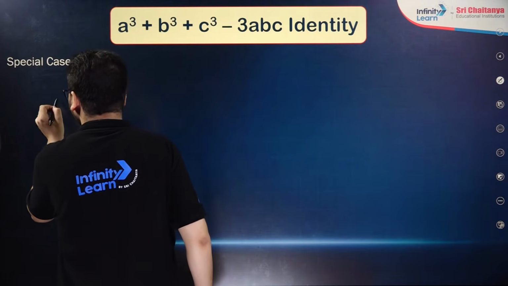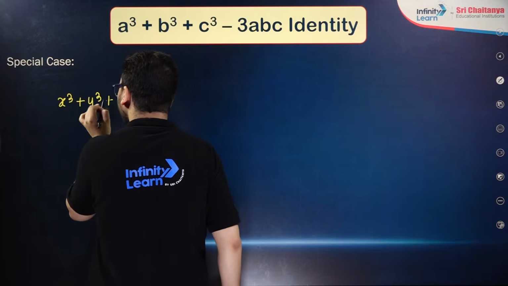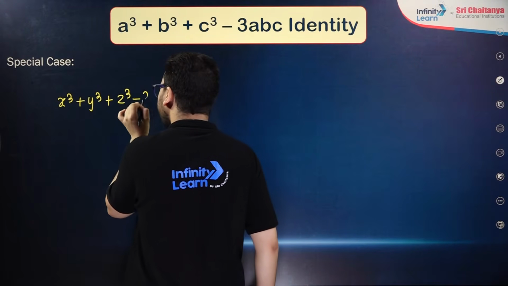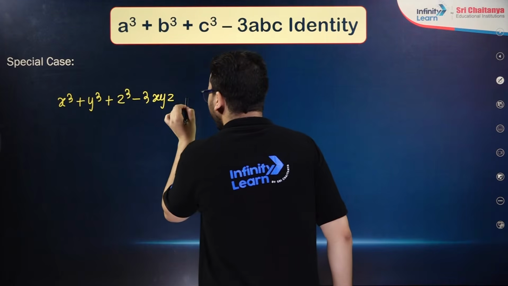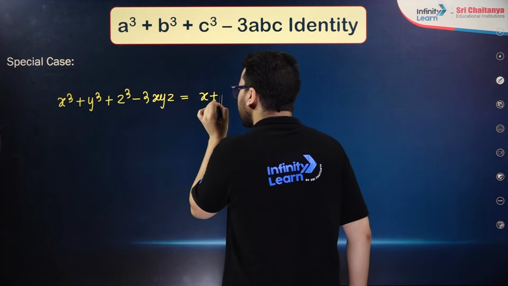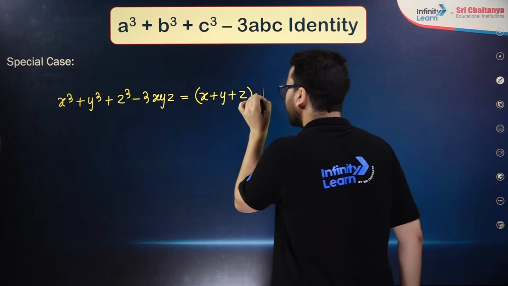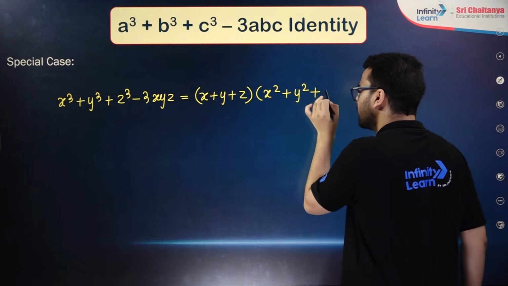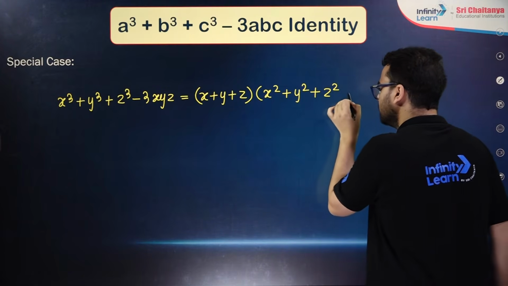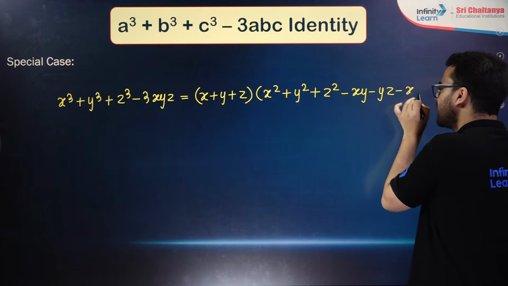Right now we have seen the identity that x cube plus y cube plus z cube minus 3xyz, over here it was what, guys? x plus y plus z multiplied by x square plus y square plus z square minus xy minus yz minus xz.